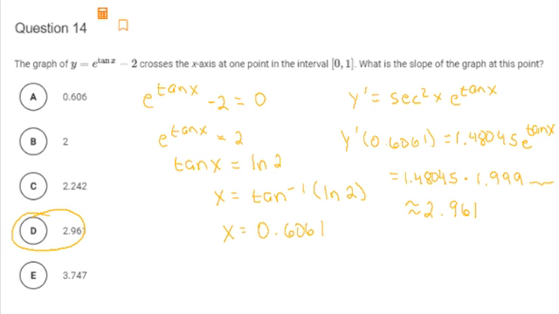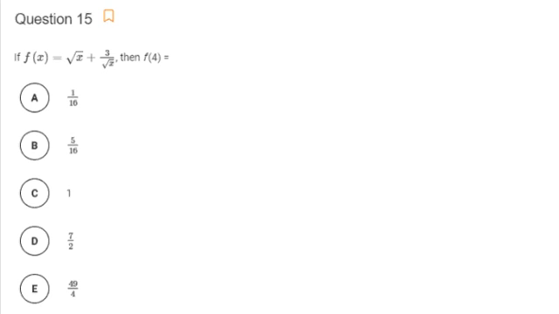All right, number 15. We have f of x, and we want to know what is the derivative at 4. Well, let's go ahead and say f of x equals x to the 1/2 plus 3x to the negative 1/2.